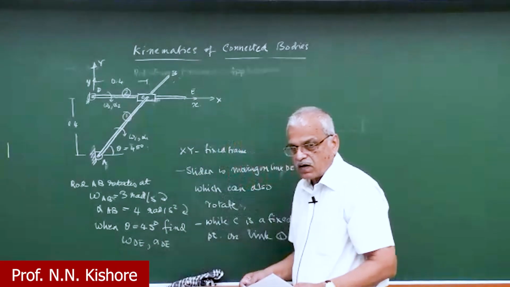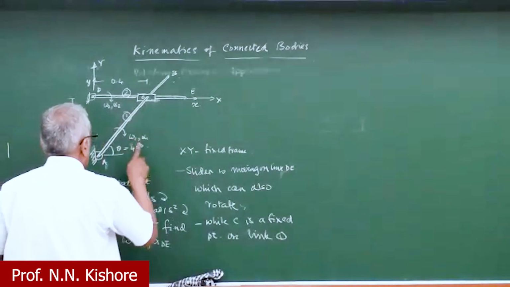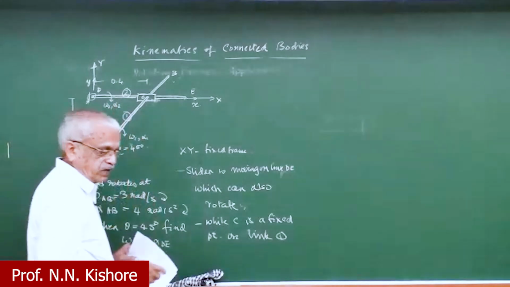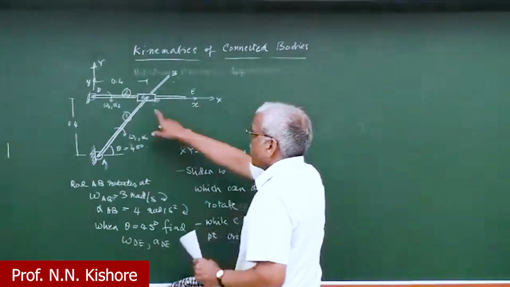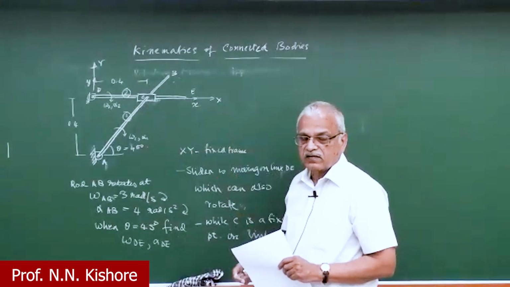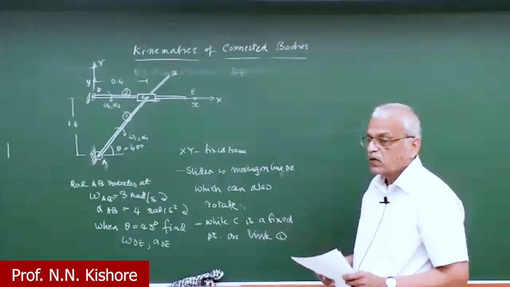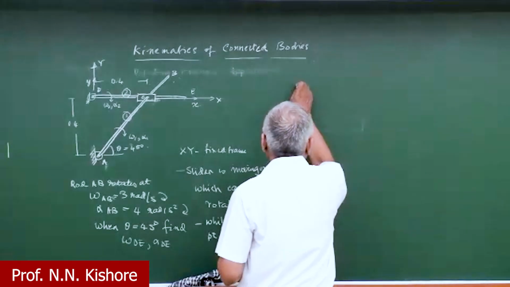So first, obviously, what is given is only omega 1 and alpha 1. So we do not know omega 2 and alpha 2. So we have to solve for omega 2, as well as the sliding velocity of C with respect to the rotating frame DE. Okay, so the velocity analysis here.